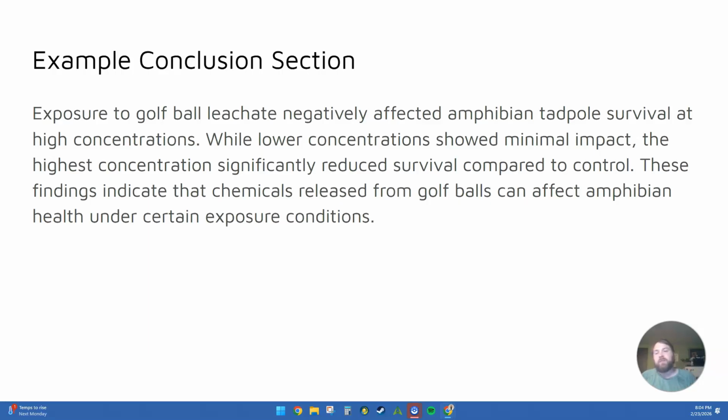Here's an example. Exposure to golf ball leachate negatively affected amphibian tadpole survival at high concentrations. While lower concentrations saw minimal impact, the highest concentrations significantly reduced survival compared to the control. These findings indicate that chemicals released from golf balls can affect amphibian health under certain exposure conditions.